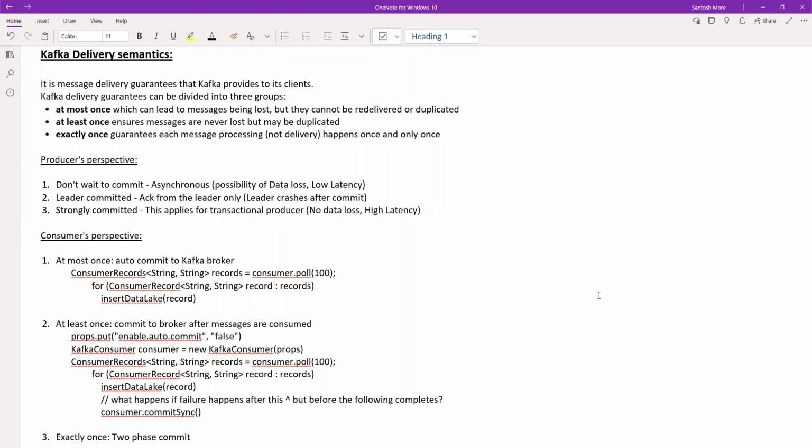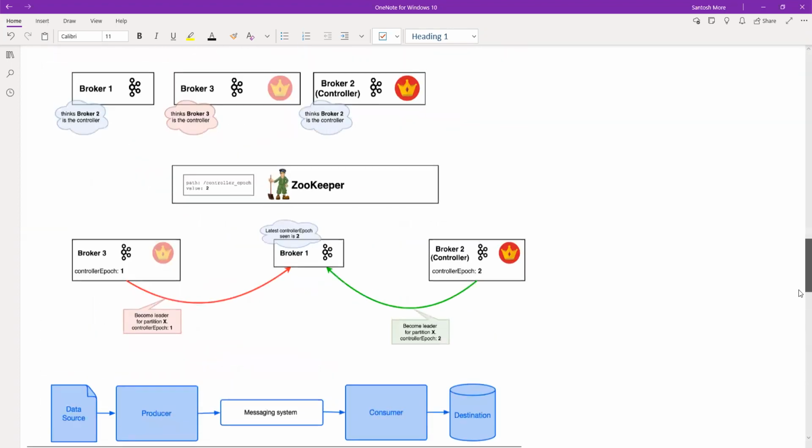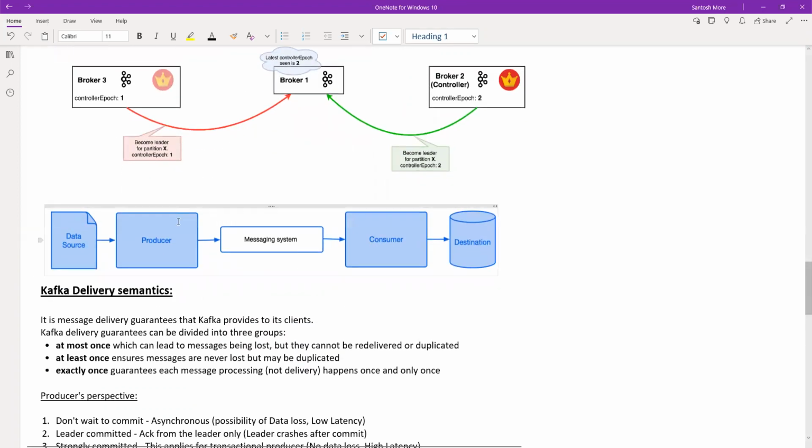So these commits are from both producer and consumer perspective, right? The data will be separate for the producer, because whenever a producer sends a message to a messaging queue system, that messaging system will inform the producer with an ACK, the acknowledgement.